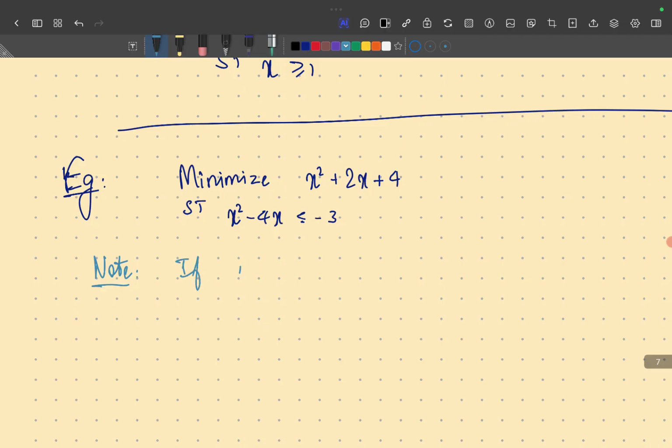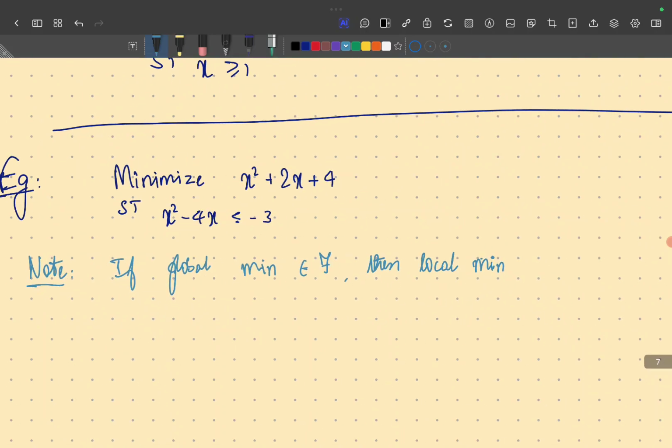If the global minimum belongs to the feasible set, then the local minimum will be equal to the global minimum.